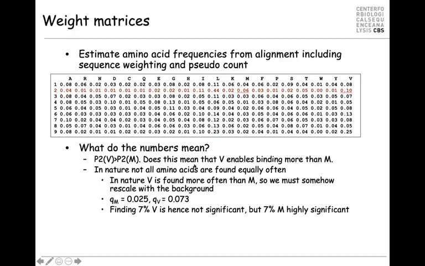Looking at nature, we find that on average, we only have less than 2.5% M's, and we have 7.3% V, right? So this number here, 10%, is just barely above what you expect by chance, whereas the M value here is more than twice the value you expect by chance. Somehow we have to recalibrate the frequencies we observe in our data to what we expect to find by just looking at chance in nature.